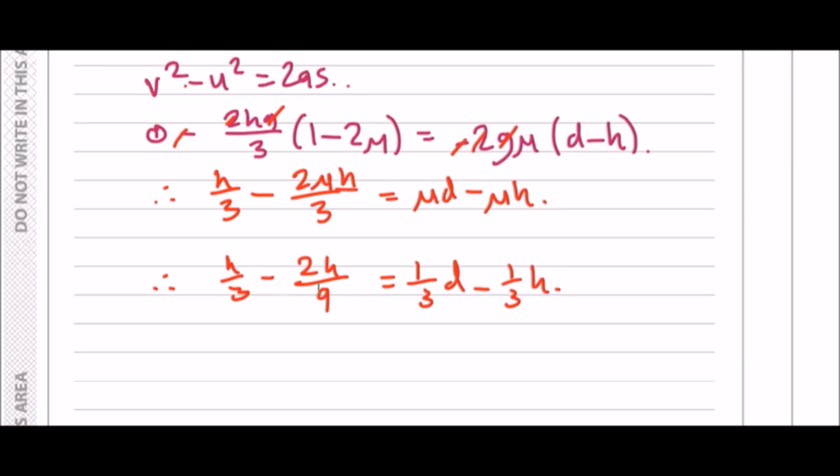Alright, now collecting like terms for h, so we're going to have h over 3 minus 2/9 plus 1/3. Bear with me a second, I'm actually writing all this down. Double checking. You should get 4/9 of h, and this should equal 1/3 of d.